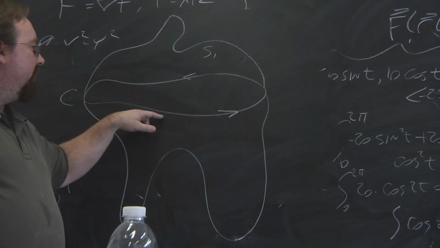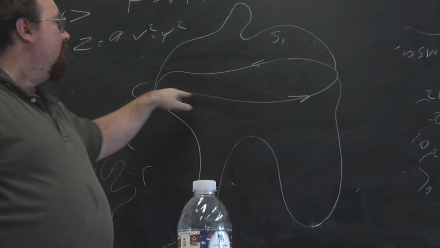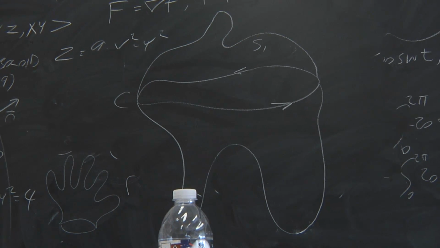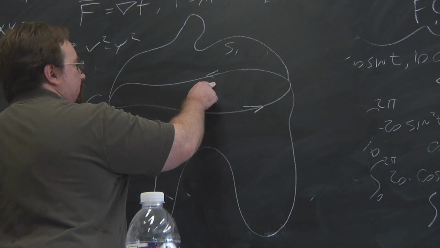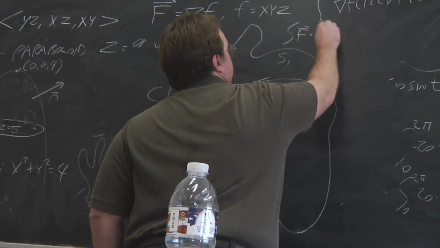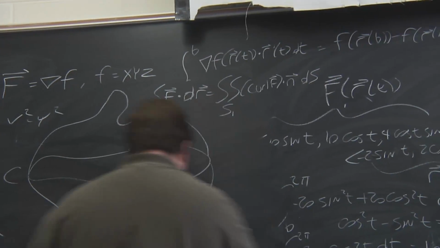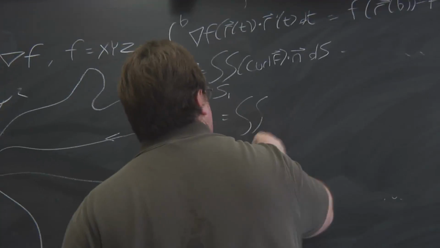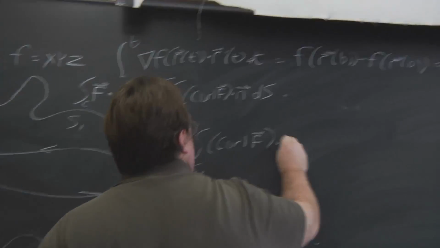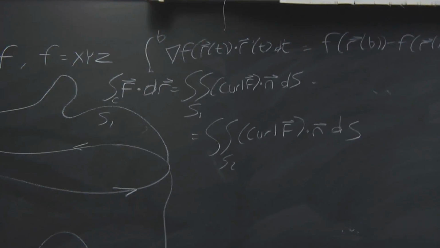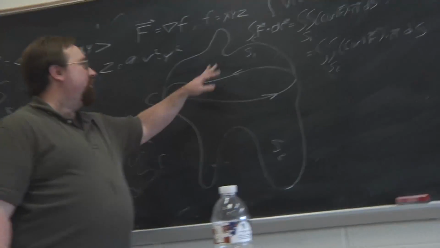What's happening in this case is, as long as we keep this counterclockwise orientation, the line integral of a vector field over this boundary curve C is equal to the surface integral over S1, and then here's S2 down here, of curl F dot product with the normal, and it's also equal to the same integral over S2 with this surface's normal vector. And any other surface you could define that happens to have the same boundary.